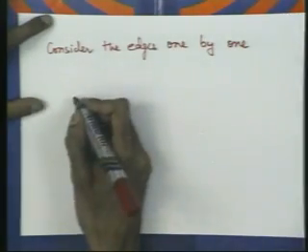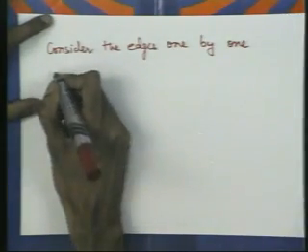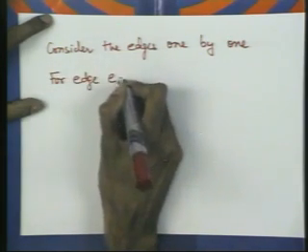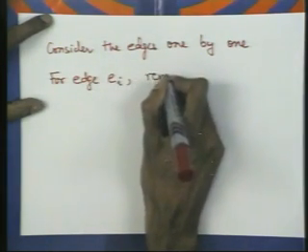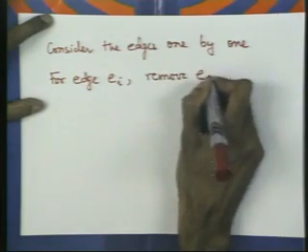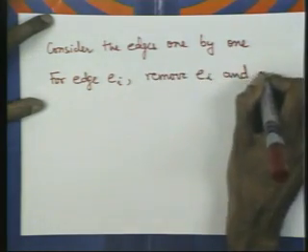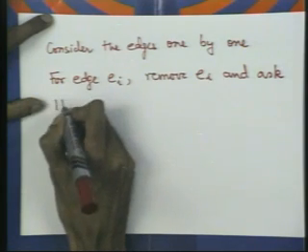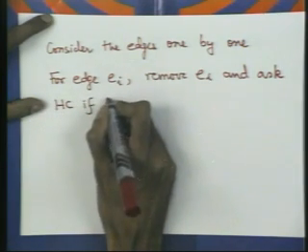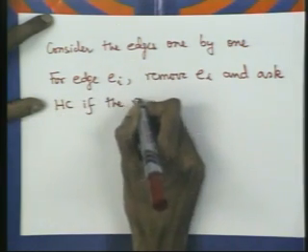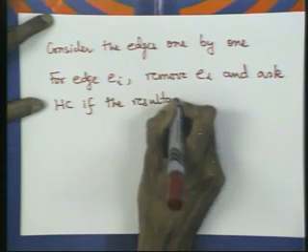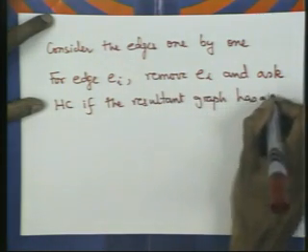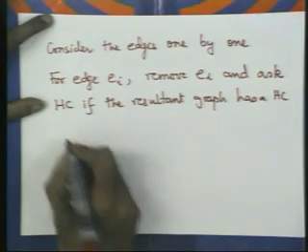For edge EI, remove EI and ask HC if the resultant graph has a Hamiltonian cycle.